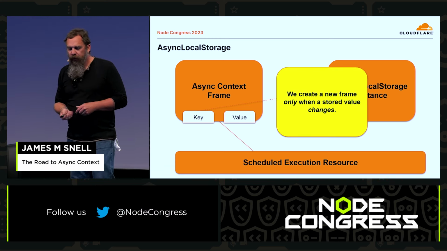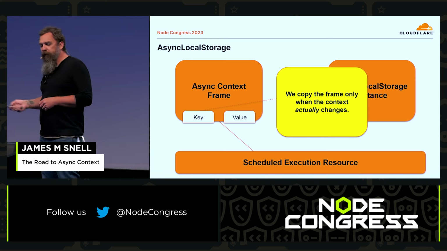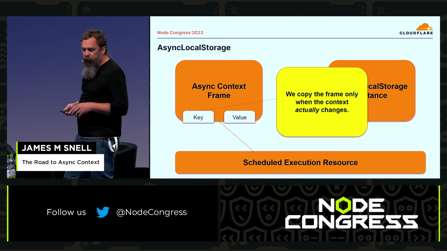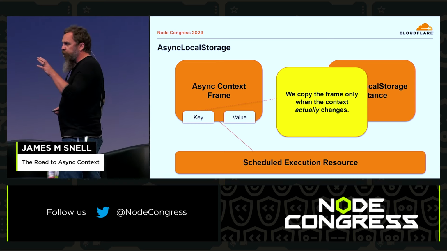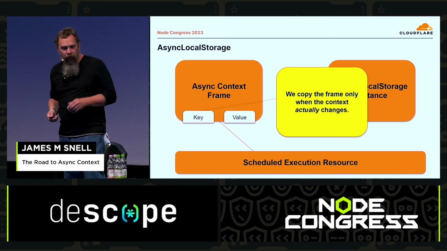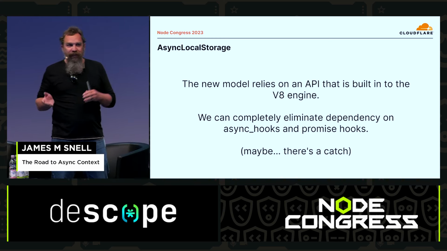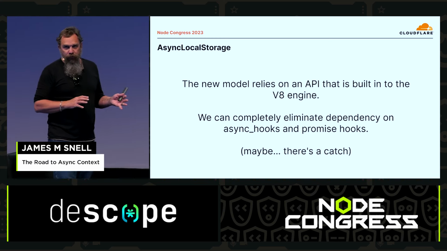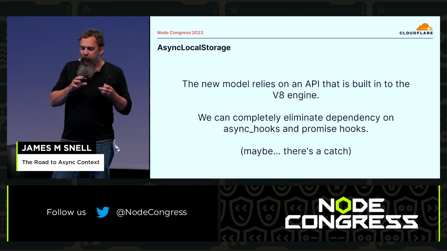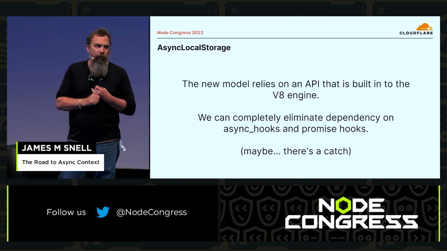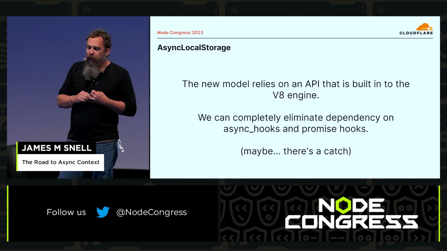But I skipped a few slides here. There's a challenge with how we can implement this in Node right now. All of this depends on a new, actually it's not even a new API. It's an API that's been in V8 for years that we are using. It's undocumented. Very few people actually know about this API.